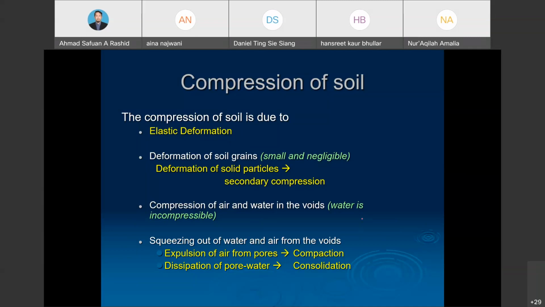Okay, so kalau compaction, we use the standard Proctor compaction method. Okay, we call it the standard Proctor compaction method.